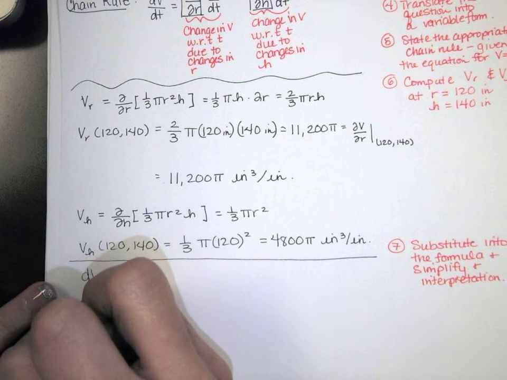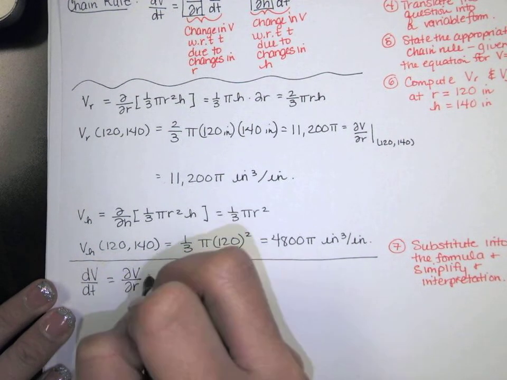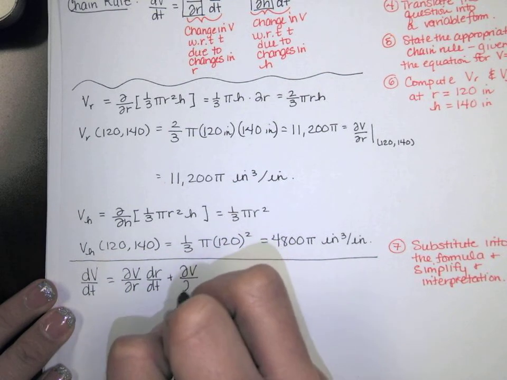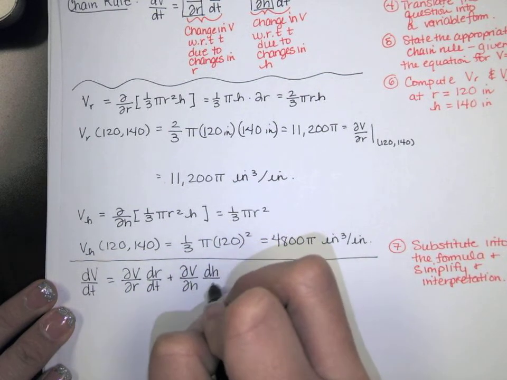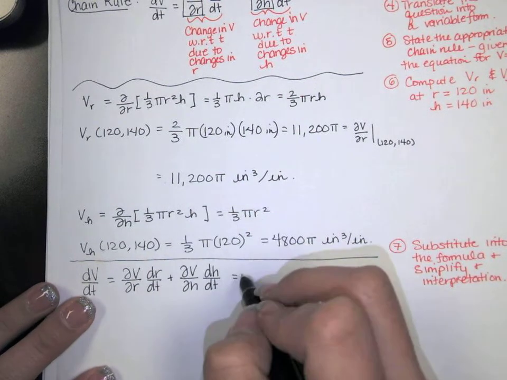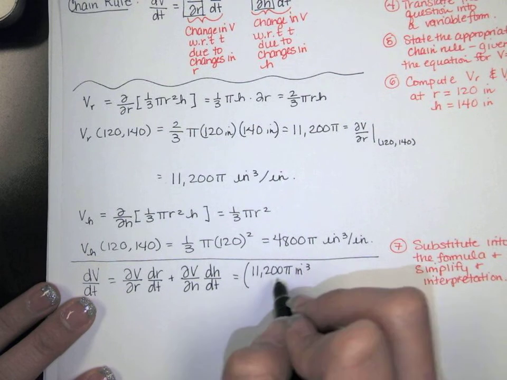So we've got dV/dt is the partial of V with respect to r times dr/dt plus the partial of V with respect to h times dh/dt. And the partial of V with respect to r we calculated. That was 11,200 pi inches cubed per inch.